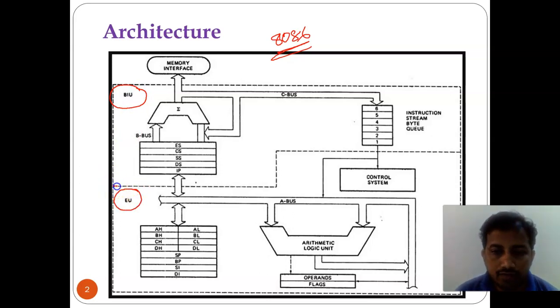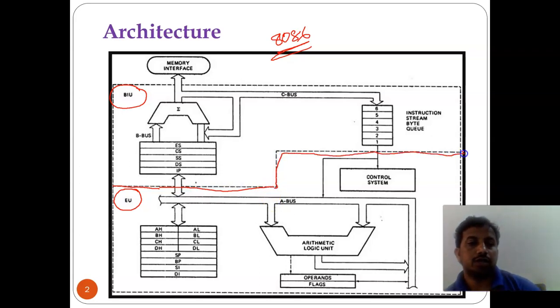The line shown here won't be there in your physical architecture. For our understanding of which components come under the bus interface unit and which come under the execution unit, we are using this line to bifurcate them.